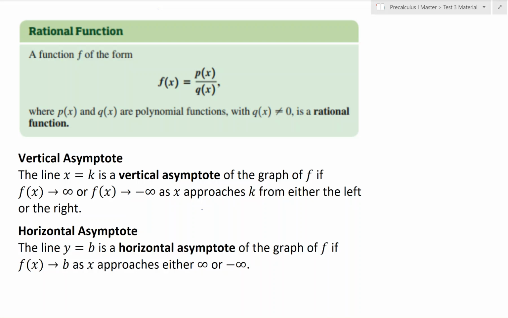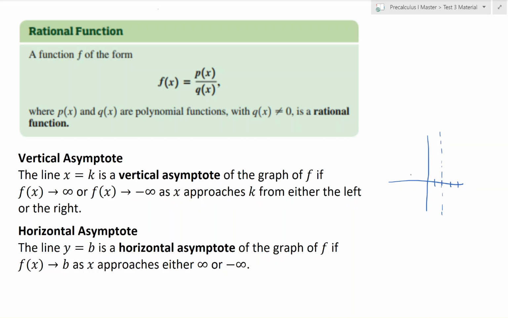A vertical asymptote, that's that feature we saw where you have some kind of value that's making your denominator 0, and it's a vertical line that the graph tends to. So when you have some kind of a graph that's going on, let's say that x equals 2 is your vertical asymptote. These are generally drawn as dashed lines.